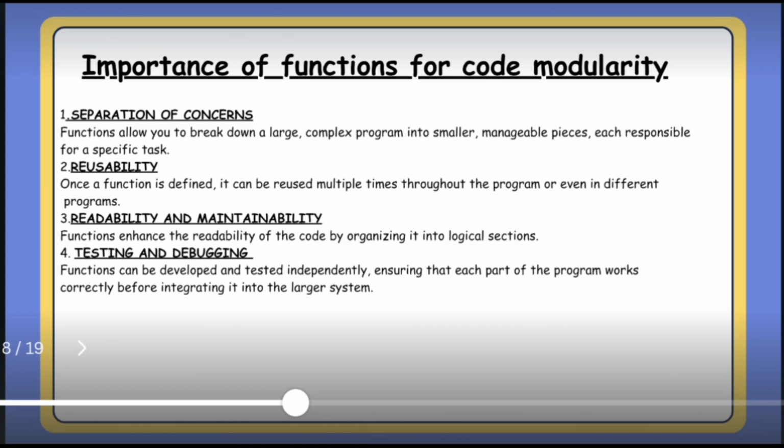The main advantage of the function is code reusability. We can use the code as many times as we require based on our need. Then readability and maintainability. Functions enhance the readability of the code by organizing it into logical sections. Then testing and debugging. Functions are developed and tested independently, so we can ensure that each part of the program works correctly before integrating them into the whole.